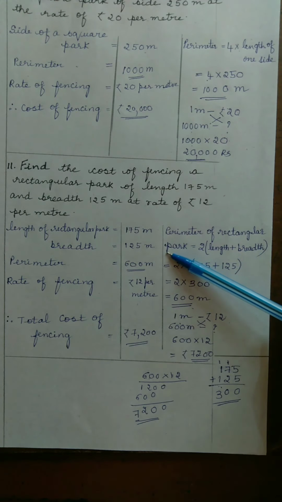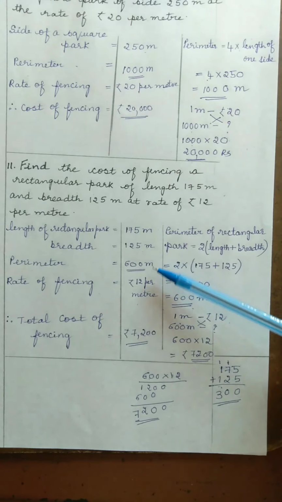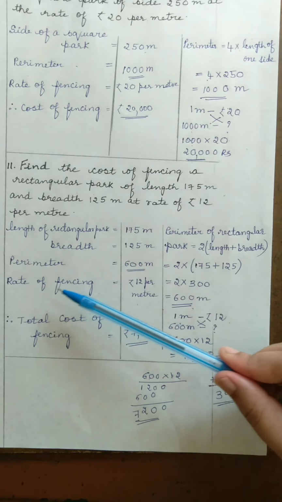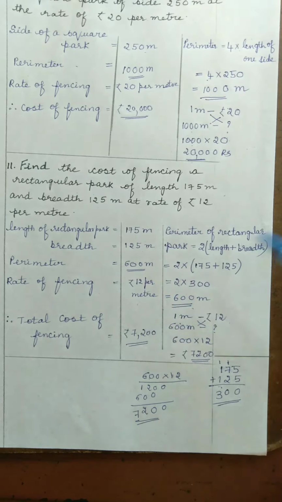First we need to find out the perimeter using the formula. Perimeter of a rectangular park is equal to 2 into length plus breadth. Then, we will get the answer equal to 600 meter. After that, to find out the total cost of fencing, it is given that the rate of fencing is rupees 12 per meter. Per meter is 1 meter. Therefore, children, for 1 meter it is rupees 12.